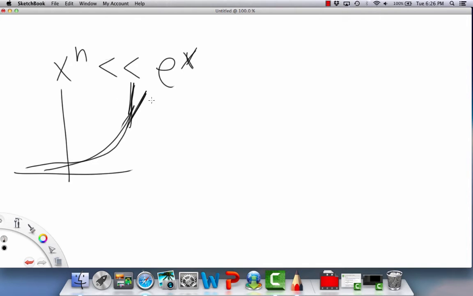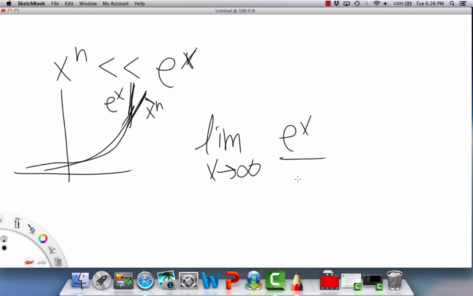Okay, so the first graph that I drew, that's your x to the n, and then this is your e to the x. So eventually it will overtake your x to the n. So in limit terms, e to the x over x to the n is always going to be infinity, because the top is always going to grow faster than the bottom. Okay? So that just wraps it up, and I hope you watch the homework video.